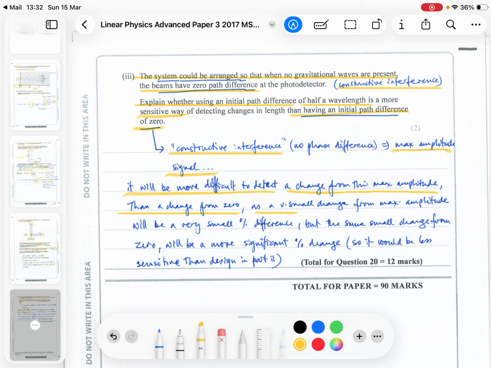Because if you think about it, the very small change in amplitude from the maximum might not be noticeable so easily, because it will be a very small percentage difference if it's a very small change in length. But the same small change from 0 will be more significant as a percentage change. So it would be less sensitive than the original design in part 2.